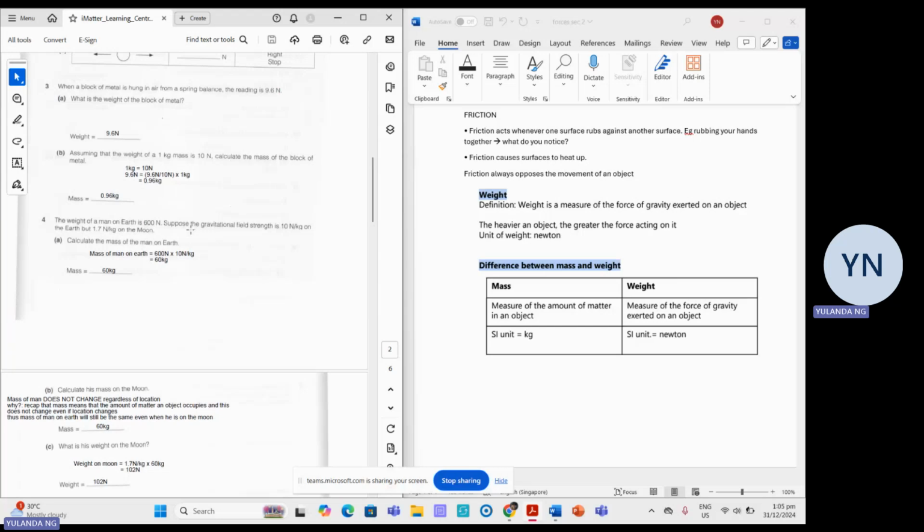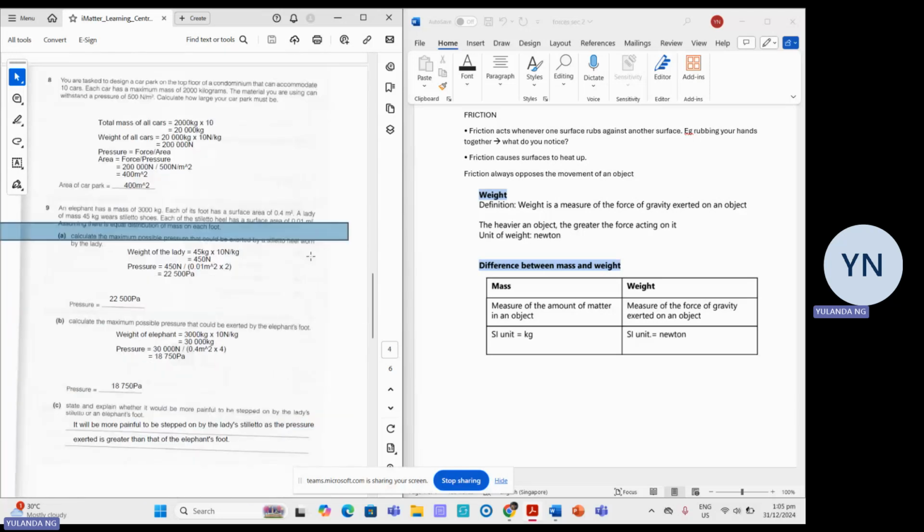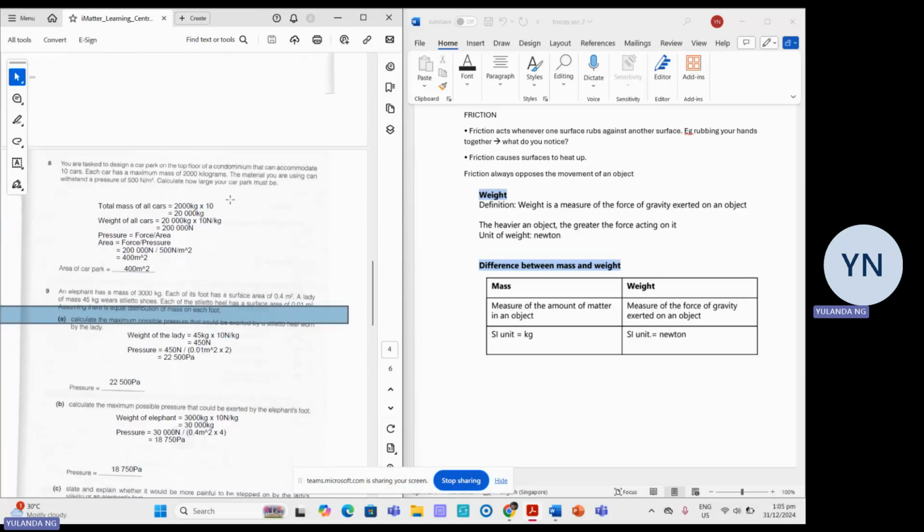If the question doesn't give you, you should assume that your gravitational field strength on Earth will always be 10 N per kg. So for this question, because it doesn't give you, you use the gravitational field strength on Earth, which is 10 newtons per kg. And the total will be 200,000 newtons. And that is the force that is acting on it.